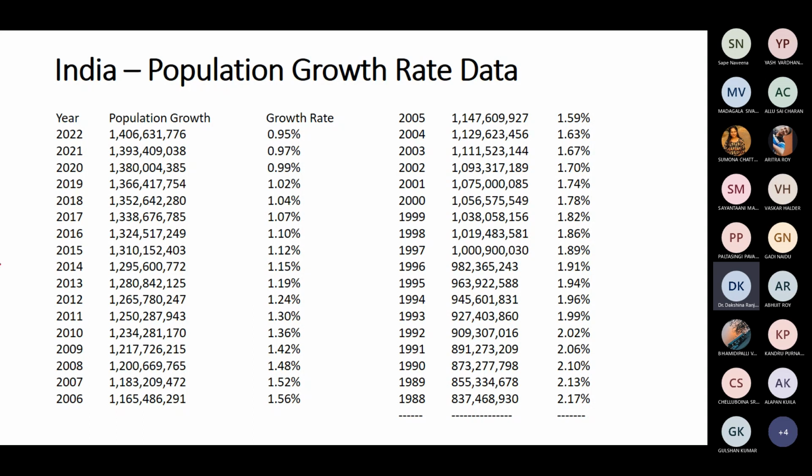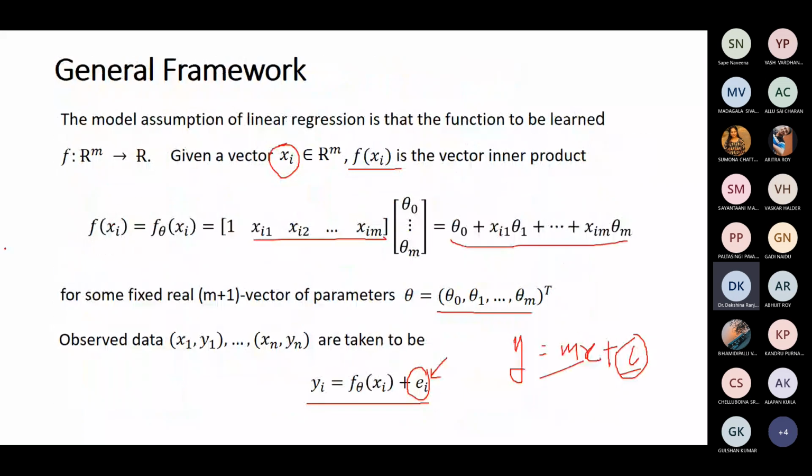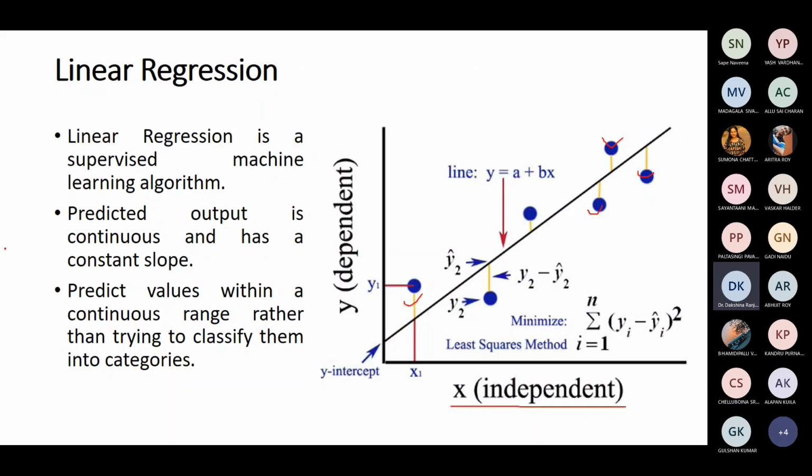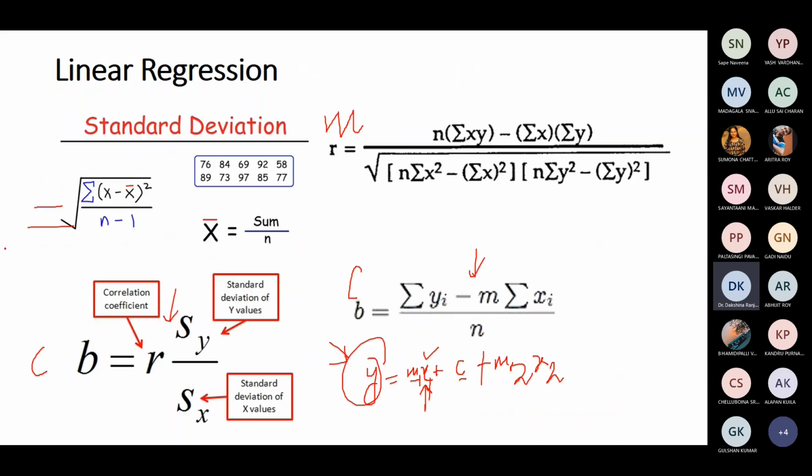For this type of problem, we get the multilinear regression model, in which we have more than one independent variable or explanatory variable.